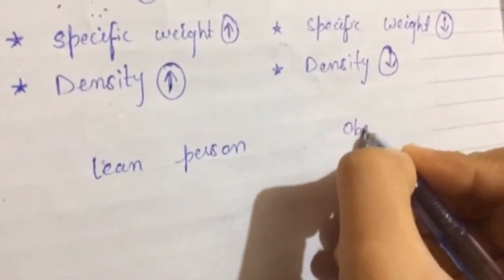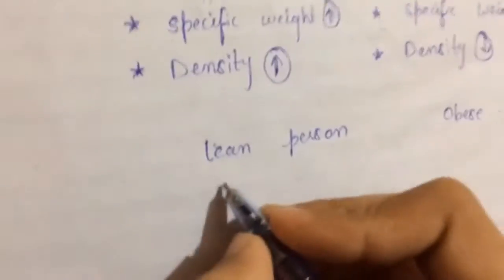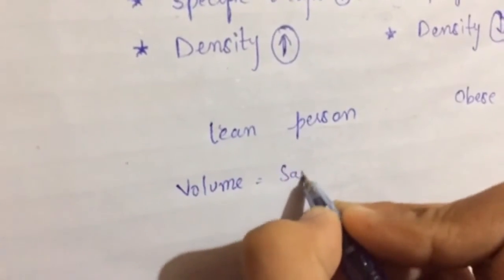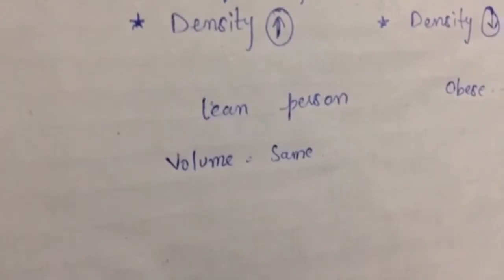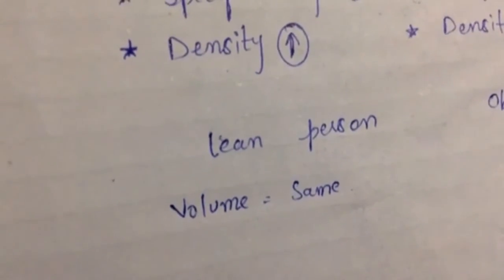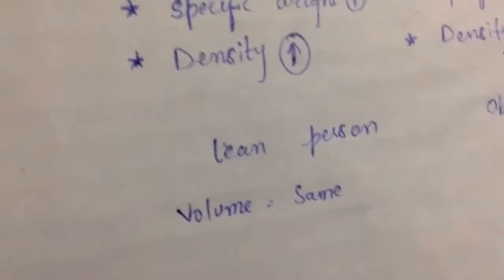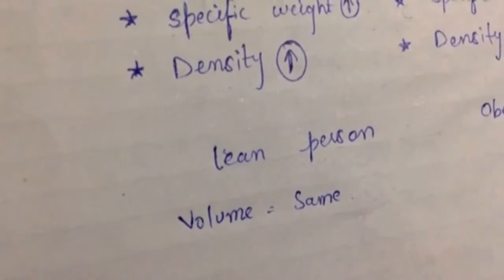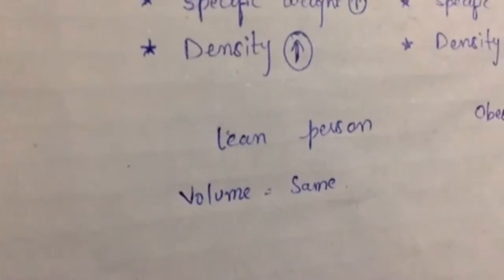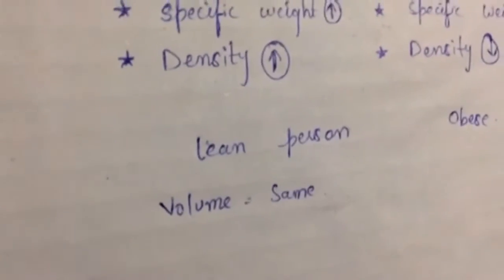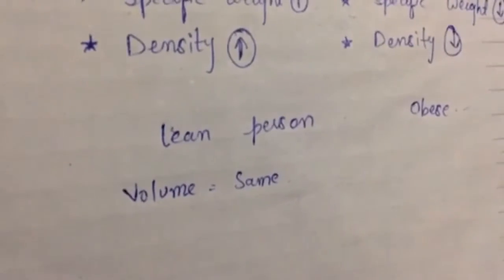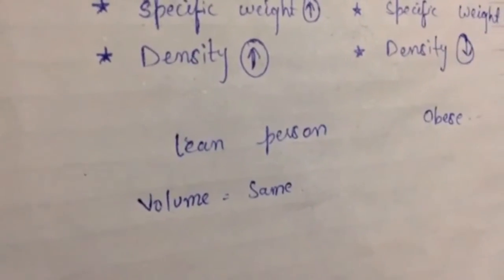Their volume is going to be the same, as I have already told you. Both have the same volume, that means their presence is the same, their appearance is the same. The lean person has strong, tight muscles, and because of that they are called a lean person.